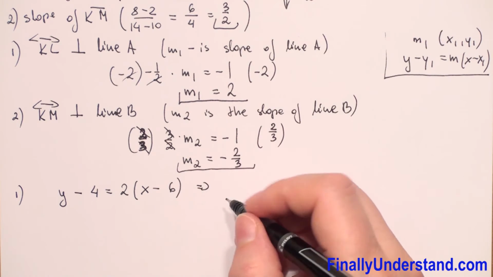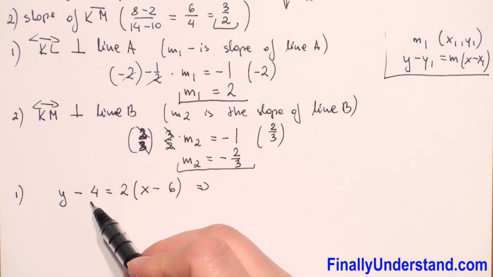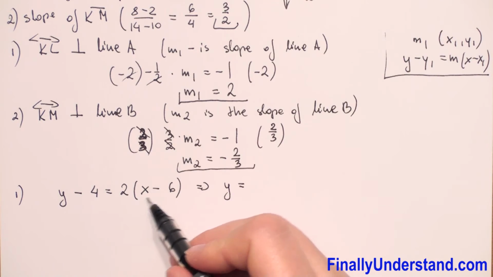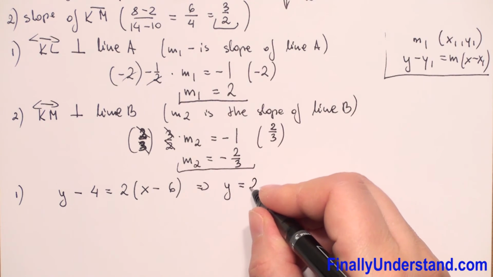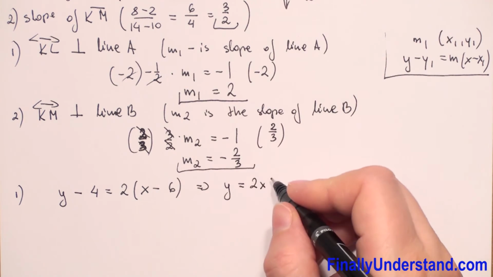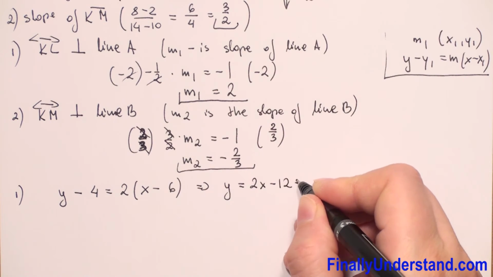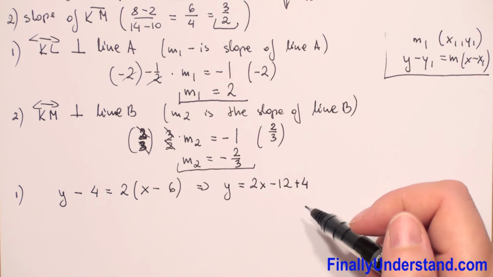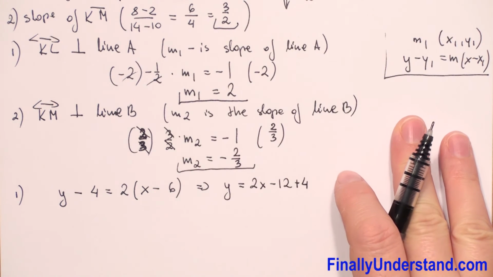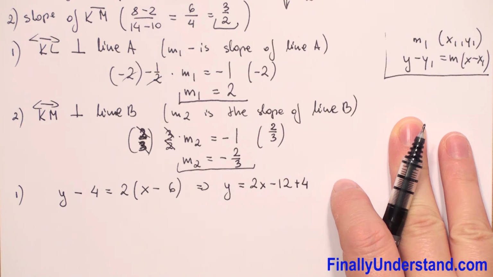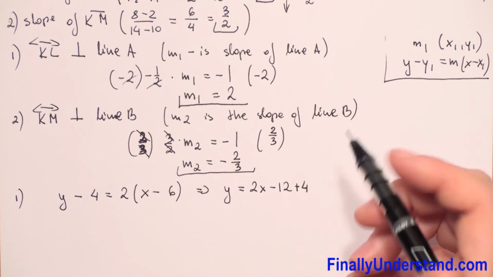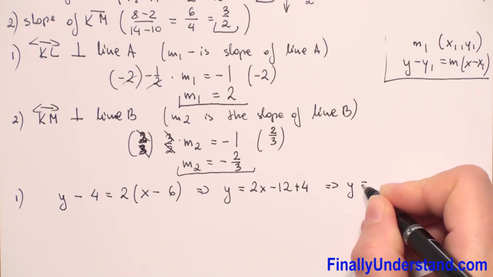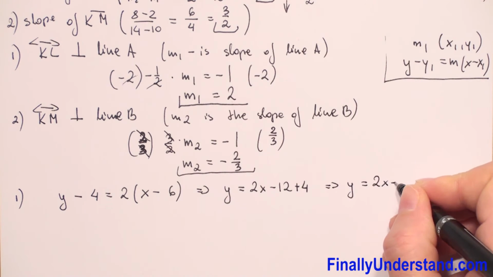So negative 4 we will move to the right side, so we have y is equal, and on the right side we will do the multiplication, so we have 2x, 2 times negative 6 is negative 12, plus 4. So we have the formula of our line which passes through point A and which is perpendicular to KL. Y is equal to 2x minus 8.